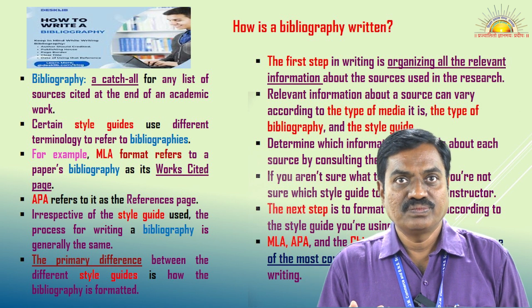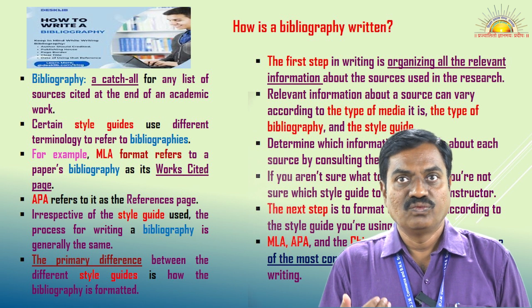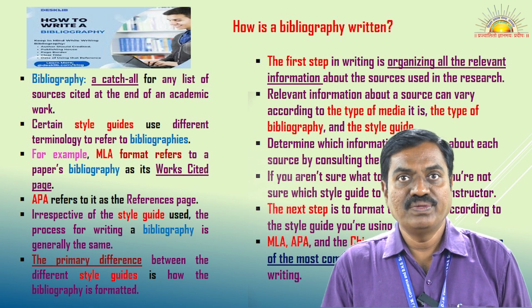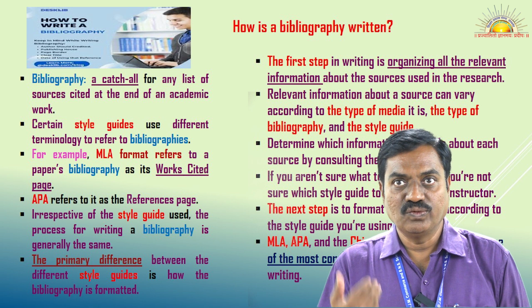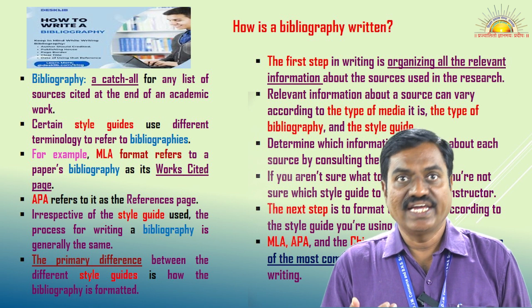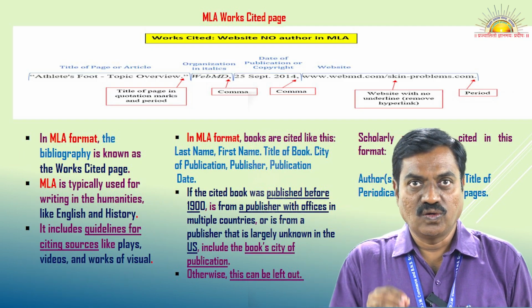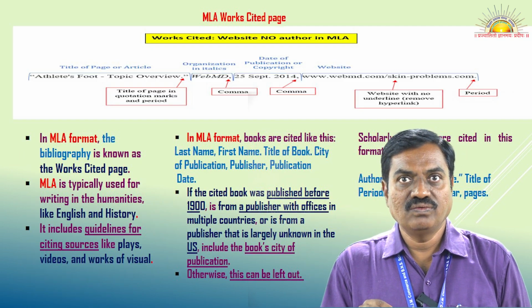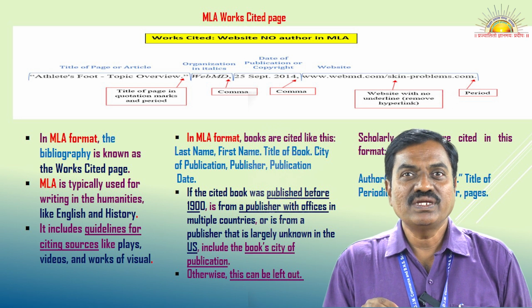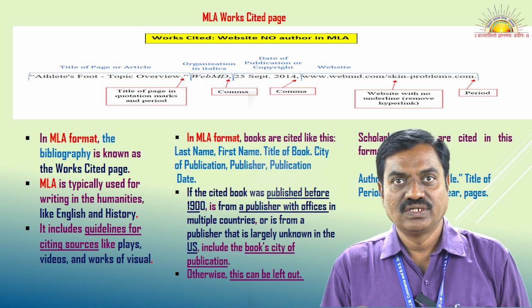The next step is formatting sources according to the style guide we are using: MLA, APA and the Chicago Manual. These are the three most commonly used guides in academic writing. Now, we shall see some examples according to these types. First, the MLA works cited page. In MLA format, the bibliography is known as the works cited page.